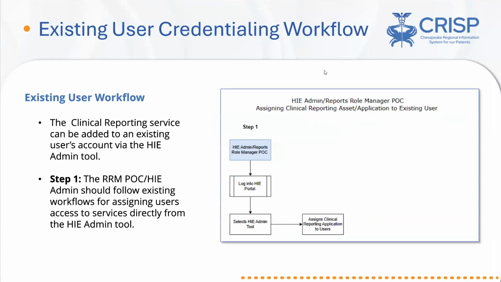Now, let's say you are credentialing an existing user, someone who already has access to the HIE portal and is perhaps already credentialed in Role Manager to access CRS reports. Well, that workflow is very similar to what you currently follow.